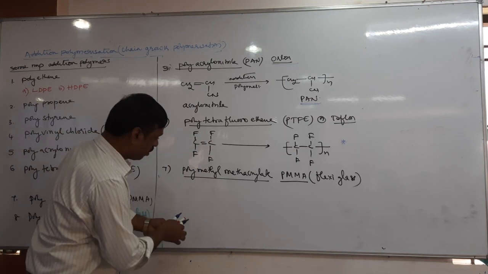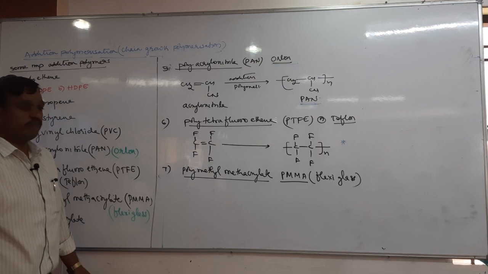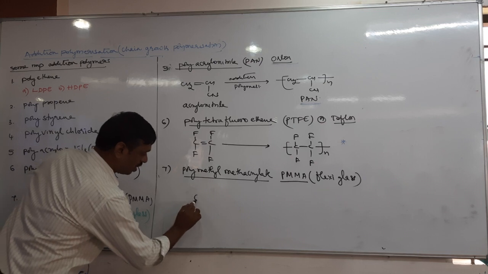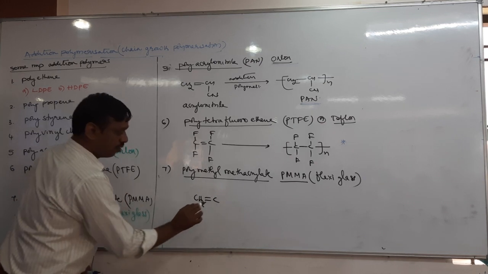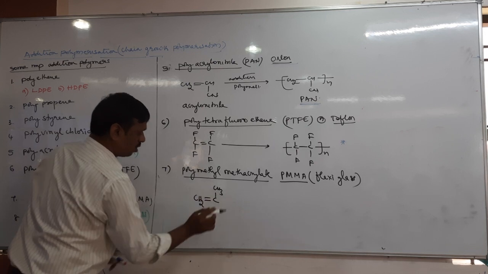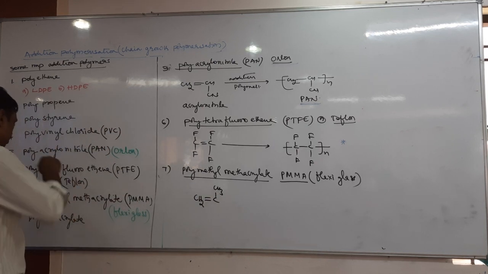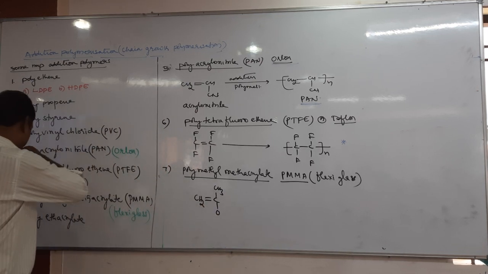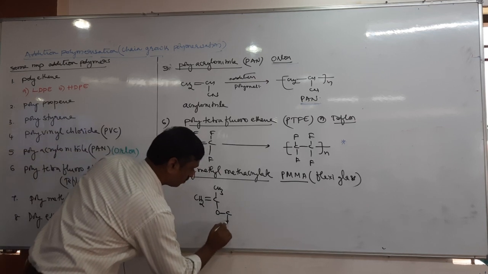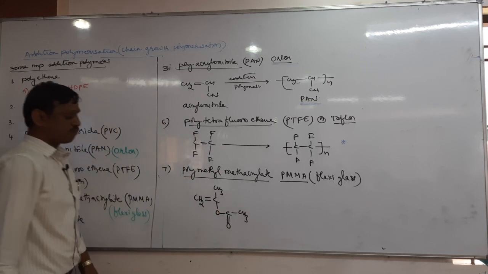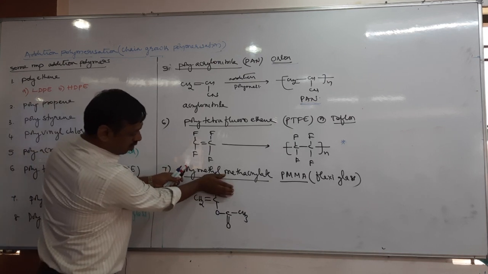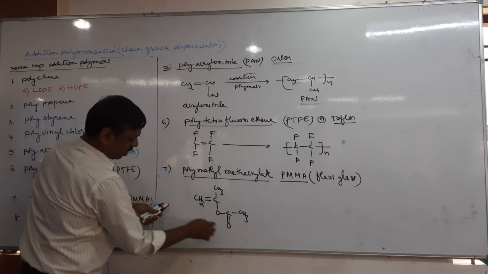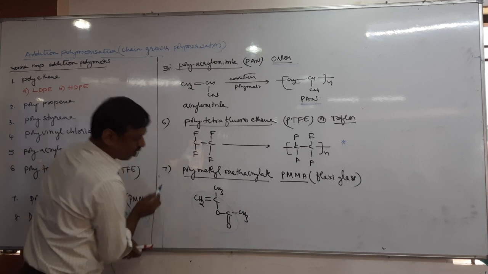Then what is the monomer of polymethyl methacrylate? Methyl methacrylate. It is like ethene, but on the second carbon there is a methyl group. This part is acrylate.